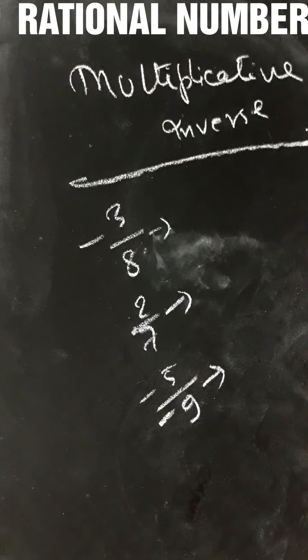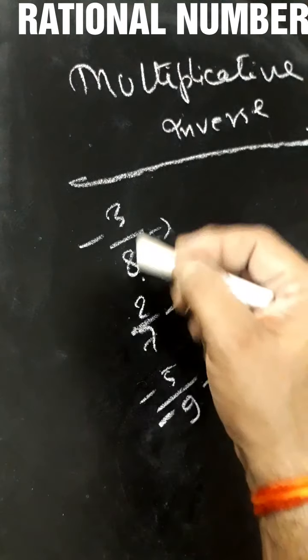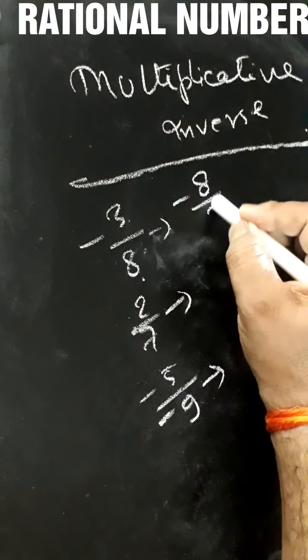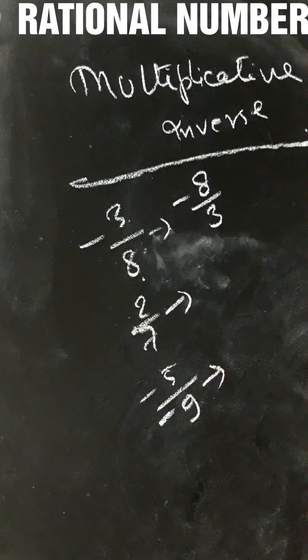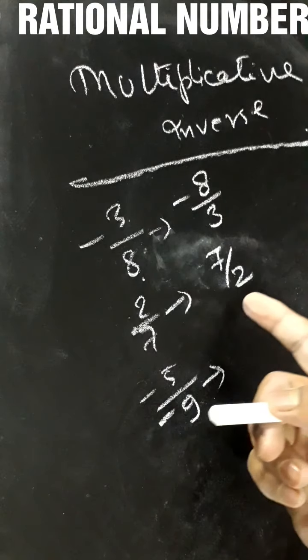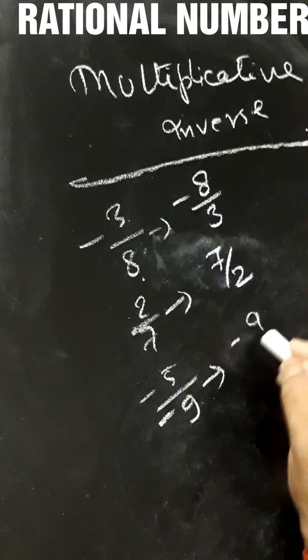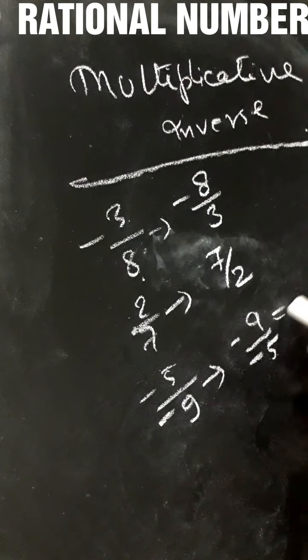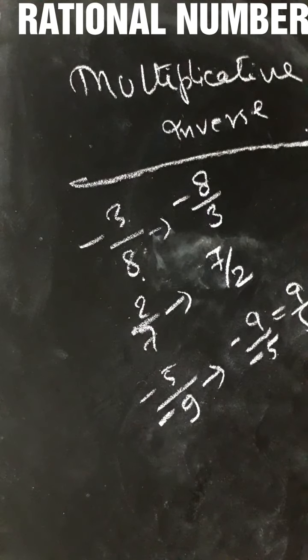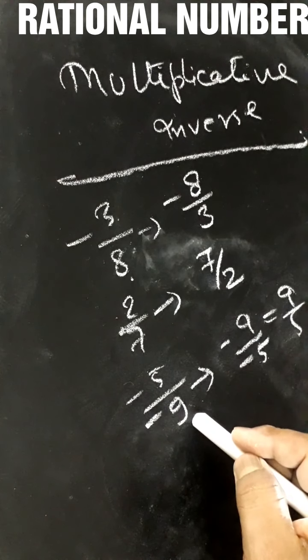Here we have 3 numbers, we have to find their multiplicative inverse. Multiplicative inverse means the reciprocal of that number. If we write minus 8 by 3, we get its multiplicative inverse. We will write 7 by 2 for this. And this will become minus 9 upon minus 5, or we can simply write 9 upon 5. This is the multiplicative inverse of this number.